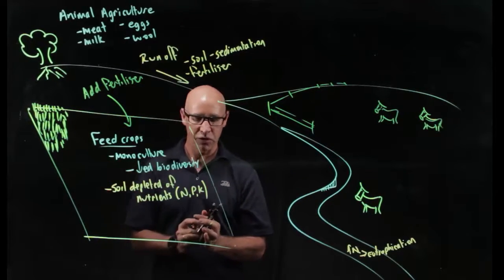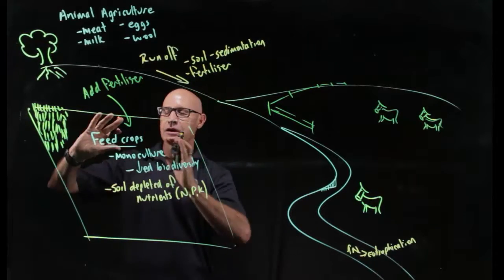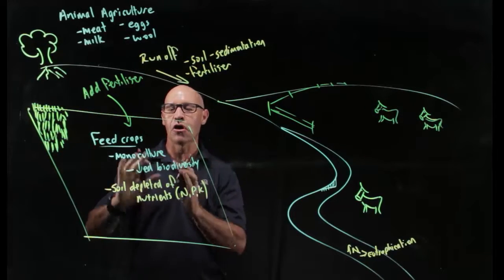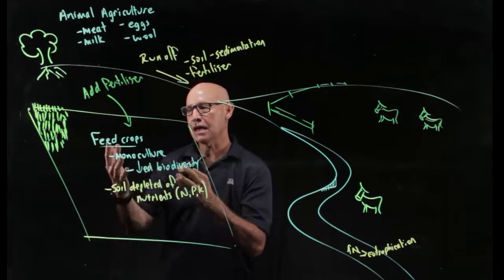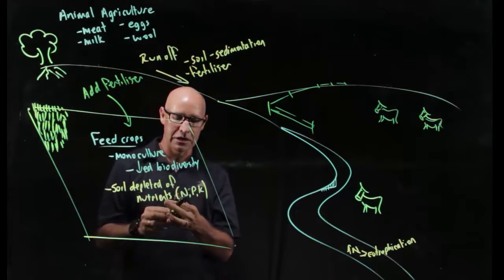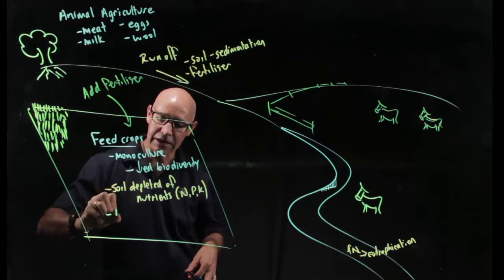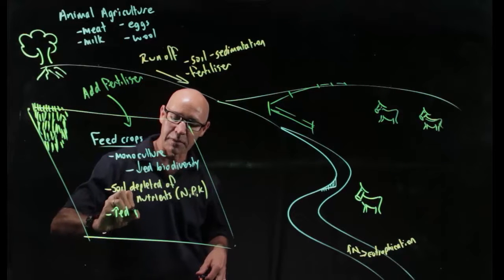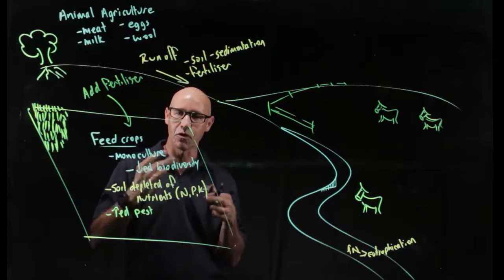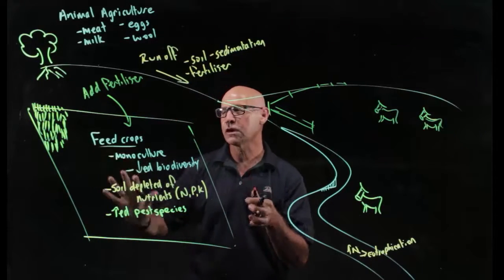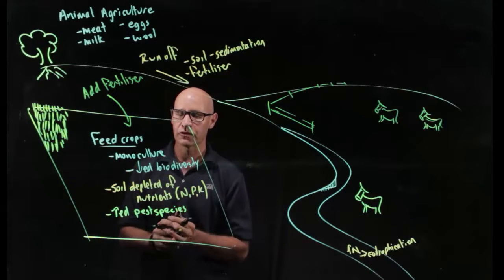When you have a monoculture, we've got a tremendous feed source for the organism that eats that particular crop. So we have an increased amount of pest organisms, so unwanted species. Of course they're going to move in because they've got a perfect food source there.